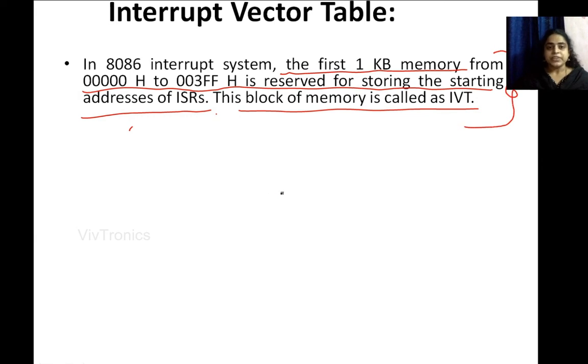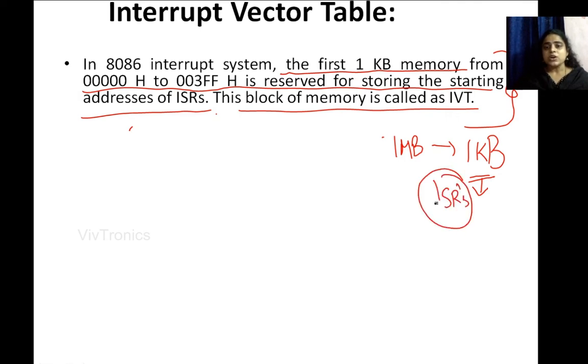The 8086 has a total of 1 MB of memory, and in that 1 MB, the first 1 kilobyte is used to store the starting addresses of interrupt service routines.